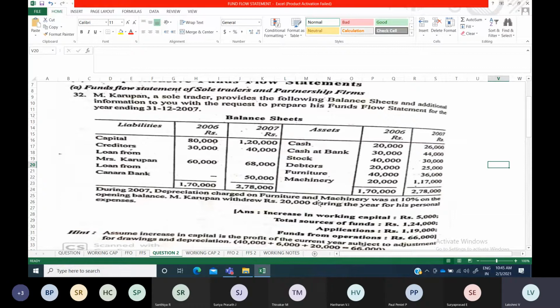Drawings, since he withdrew for his personal use, are considered drawings, and we will use that information in the statement we discussed. Let us finish the first step first, and then move on to the other steps.